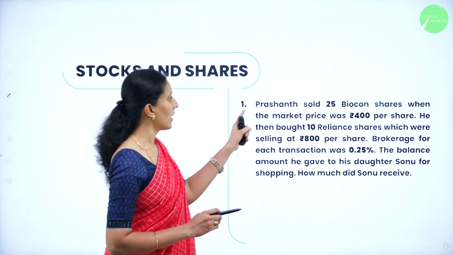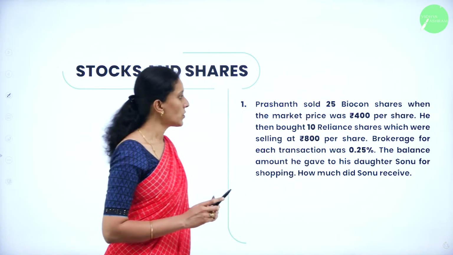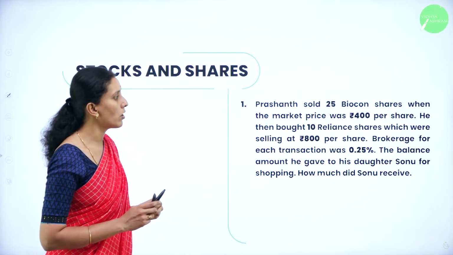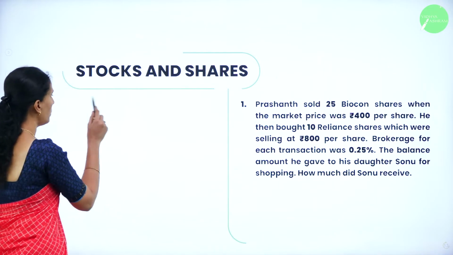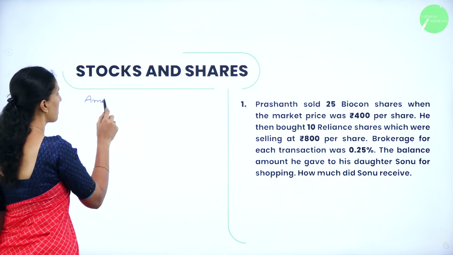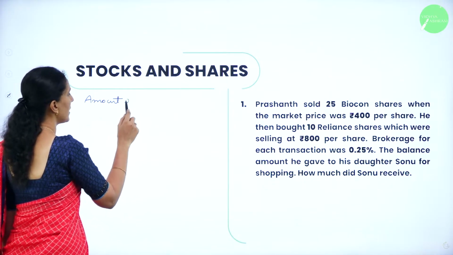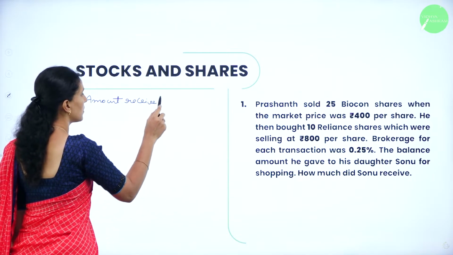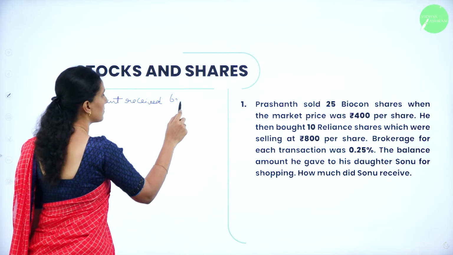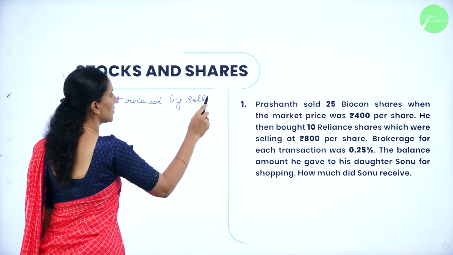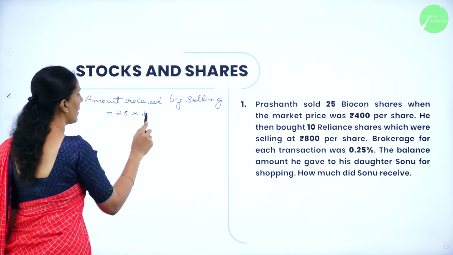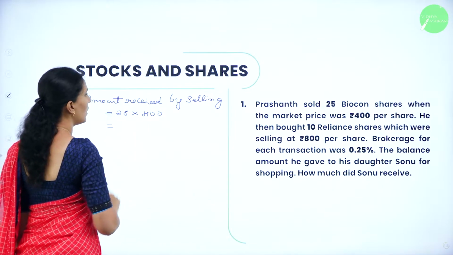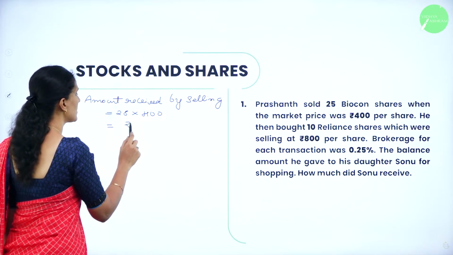So let's take first what he has sold. He has sold 25 Biocon shares at rupees 400. So let's see the amount received by selling. That is 25 into 400, which is equal to 10,000 rupees.